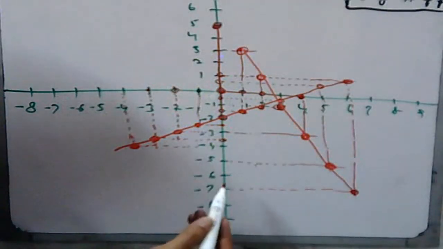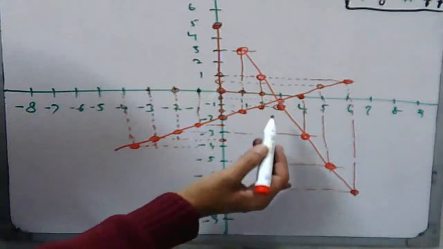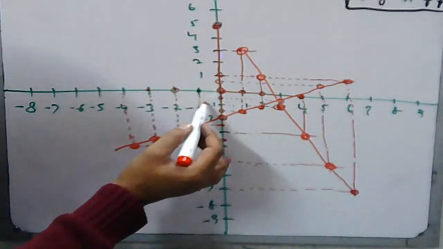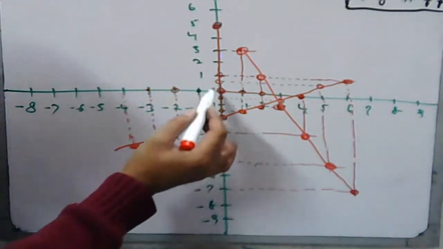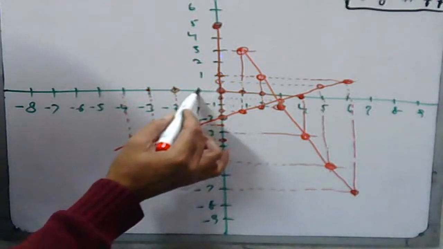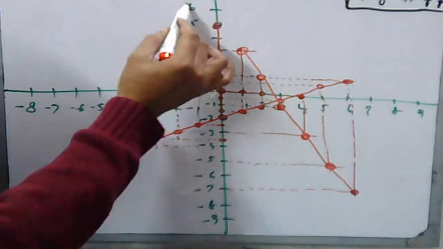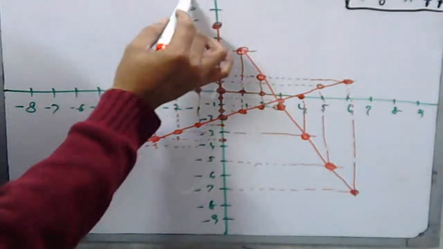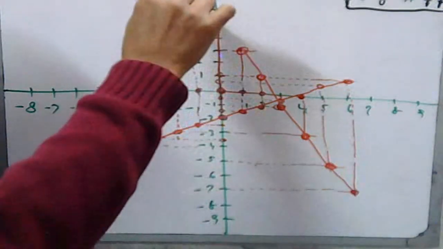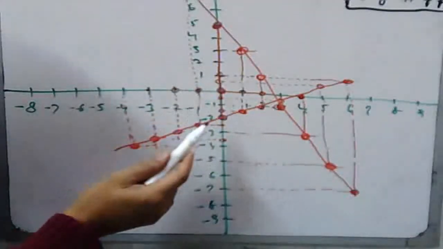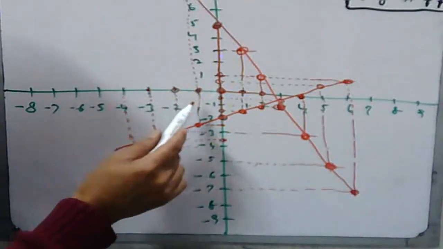Now similarly, when you have -1, you have 7. This one is your -1, you have 7, one point is here, like this. Similarly, when you have -2, you will get 9.